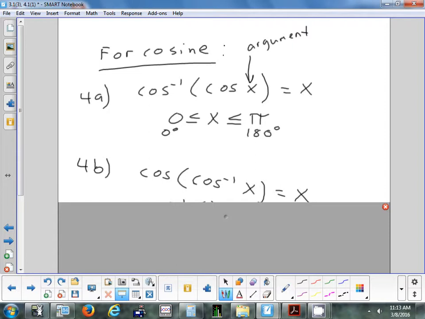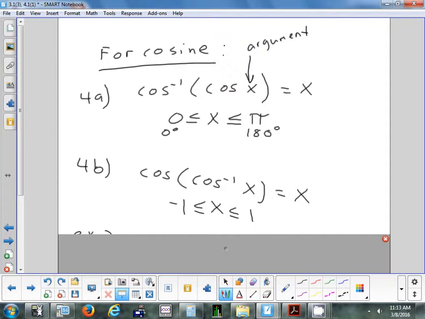Think back to that chart from yesterday, and look at the cosine column. What's the biggest number you ever see in that column? 1. And what's the smallest number? Negative 1. So for formula 4b, you've got to be between 1 and negative 1. If you're not, you're going to get an error. It won't work. We're not going to go through as many examples. We'll just try one of each.